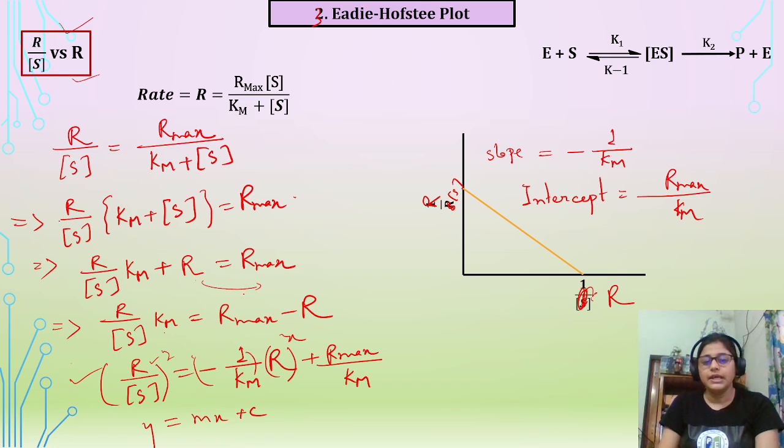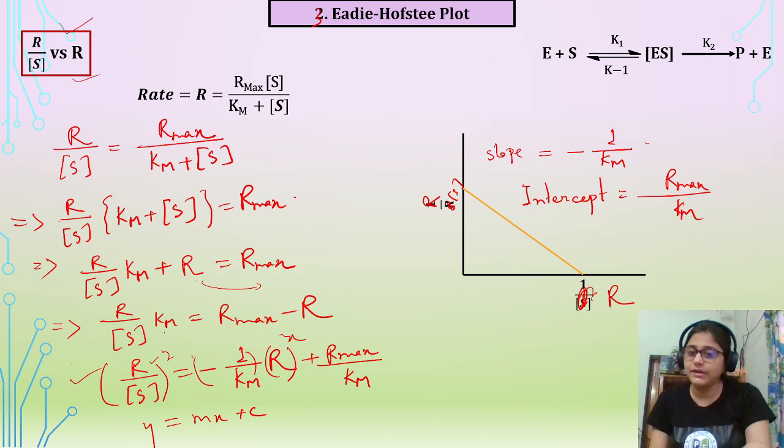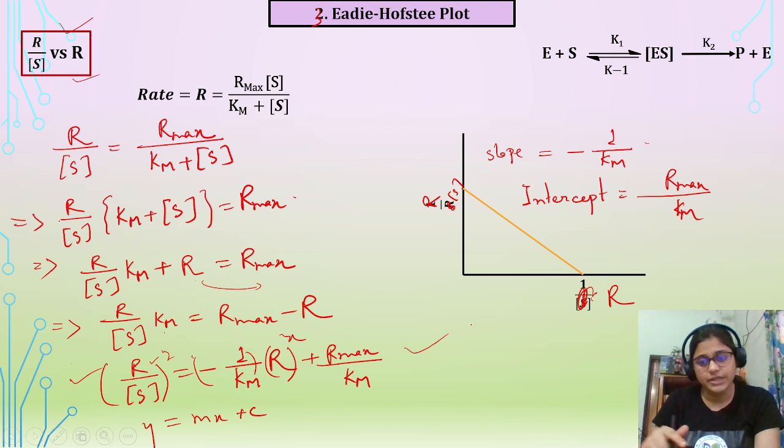Sometimes if you cannot remember the negative sign and you put only 1 by Km for the slope, the answer will be different and your answer will be wrong. So to avoid that, it is easy to derive till this and then find out what the slope and the intercept will be.